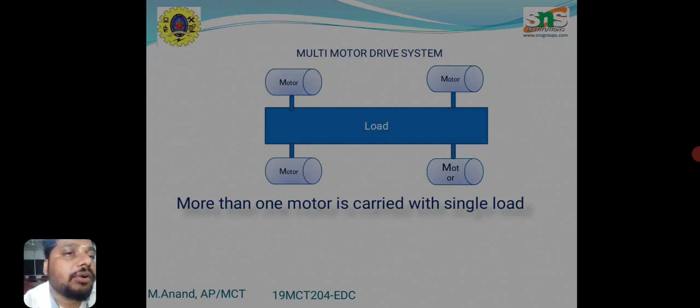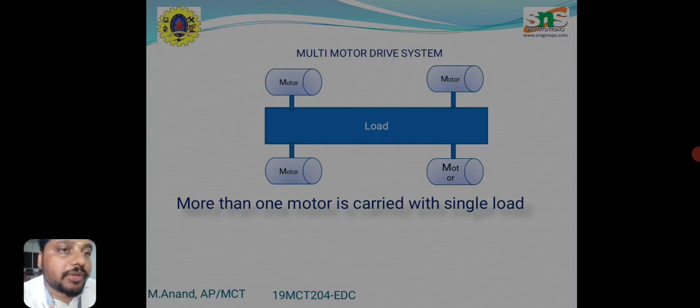Because a single load is driven by more than one motor, just imagine calculating the cost: for example, if we are using 4 motors, then 4 supplies, 4 driver systems, 4 controlling systems, and the space for the motors. The space of the system is very large, it occupies more space, it consumes more energy, and the initial and running cost of the motor is also high.